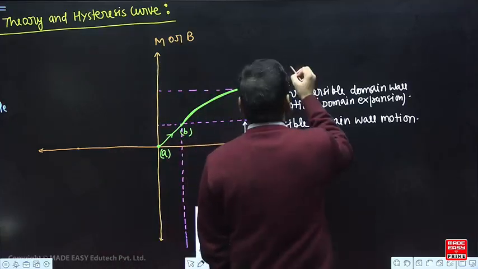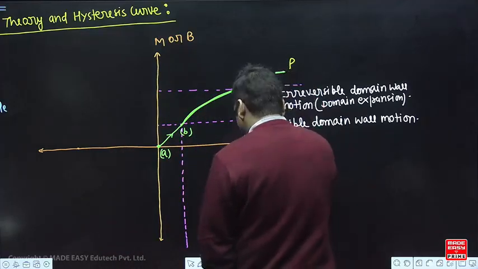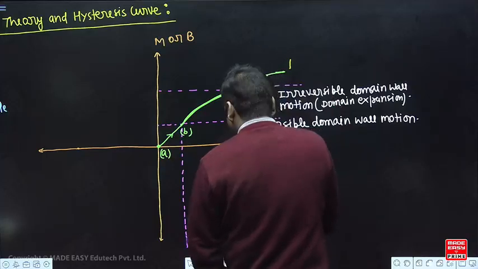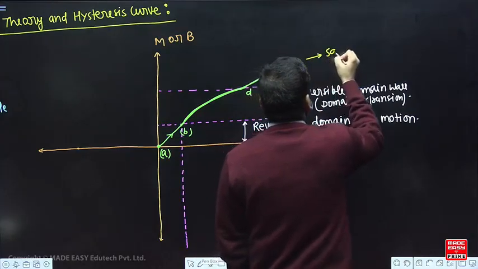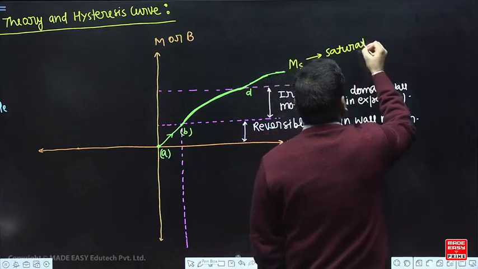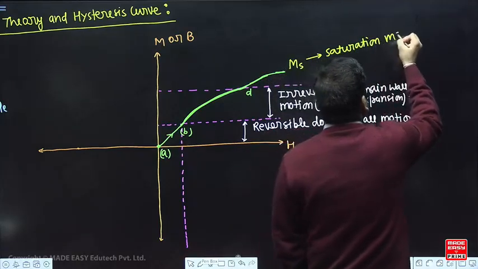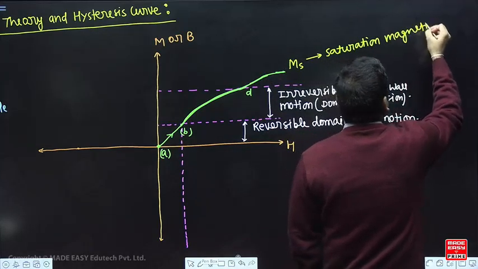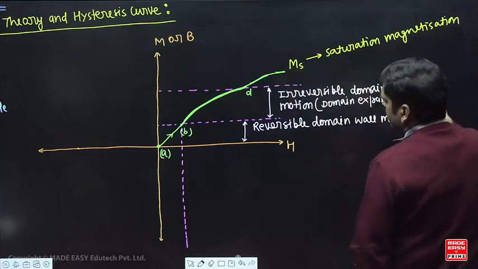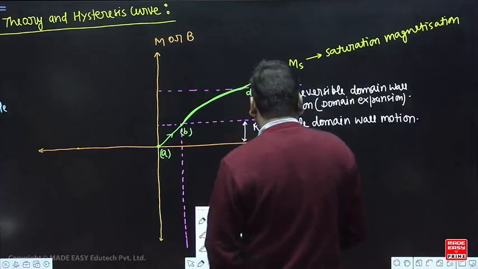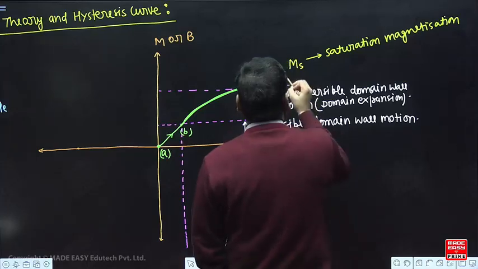At this point we will get maximum value of magnetization. This maximum value of magnetization is known as saturation magnetization. No benefit of further increasing the field. Even if you increase the field further, it will remain constant. You will be getting the same value of magnetization. So stop increasing the field.